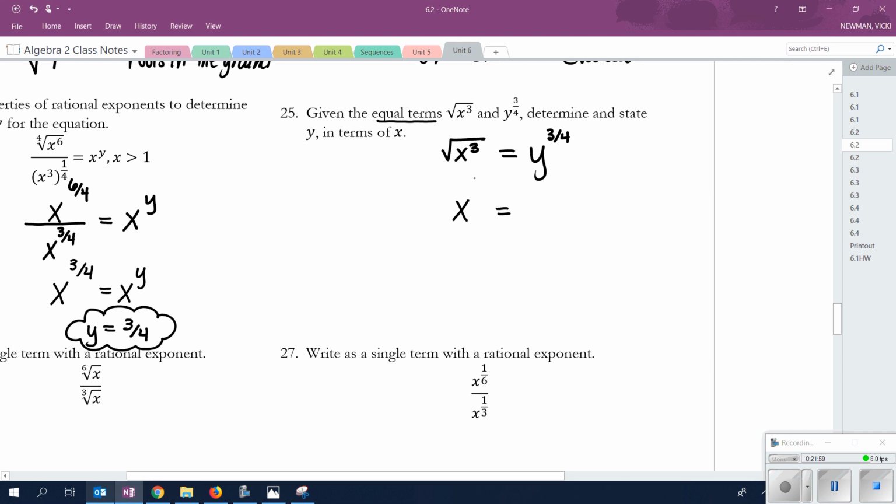To the 3 is the power. What's the root? Over 2. If it's not written there, it's a square root, right? That's the understood number. And then y to the 3/4. Okay. Now it wants us to state y, meaning get y alone in terms of x.